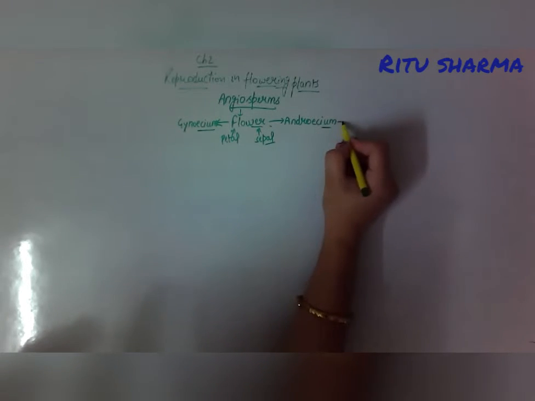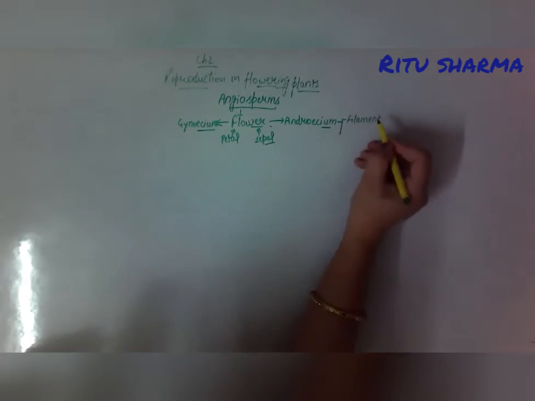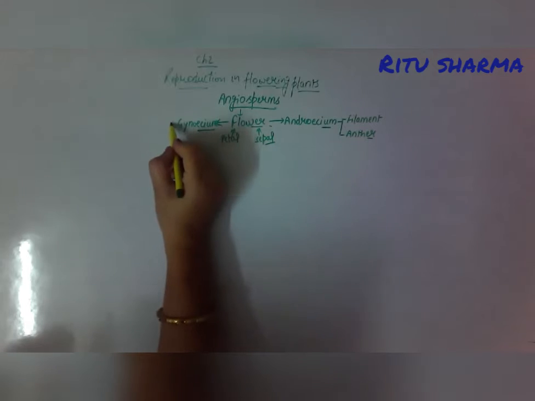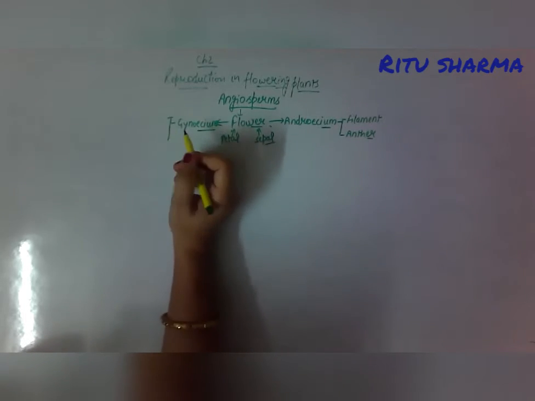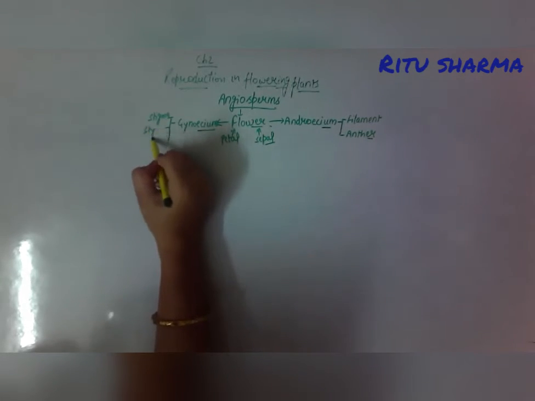Androecium consists of filament and anther. As well, gynoecium consists of stigma, style, and ovary.